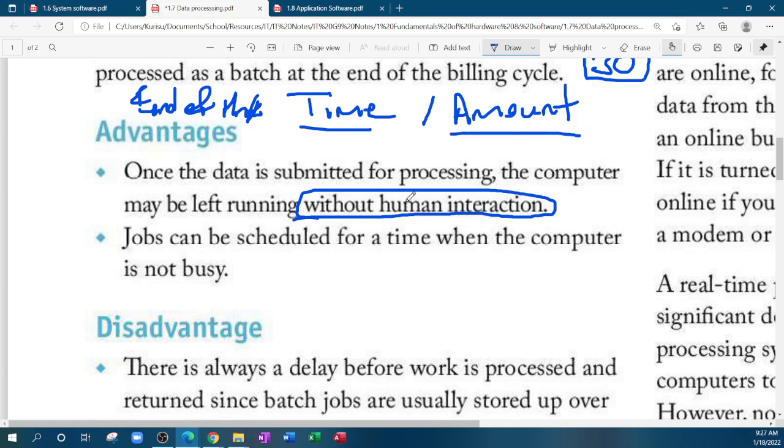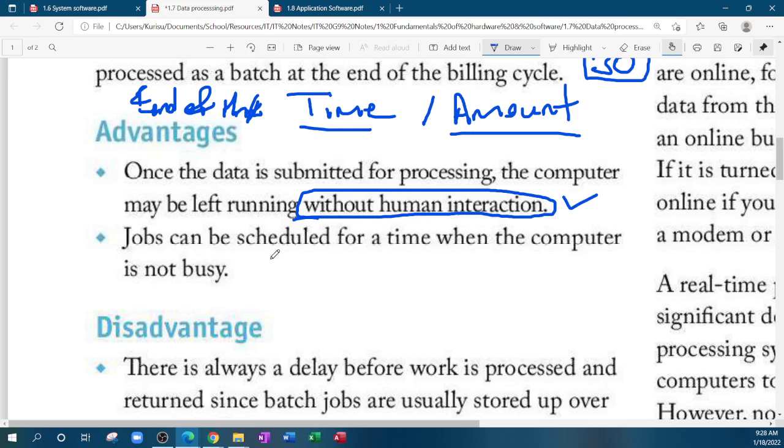So you don't have to keep checking on the computer to see if it reaches the amount or the specific time and then tell it to process it now. No, you can set up the system so that it does not have to operate with you. It knows when to carry out that processing. So that's one advantage there.